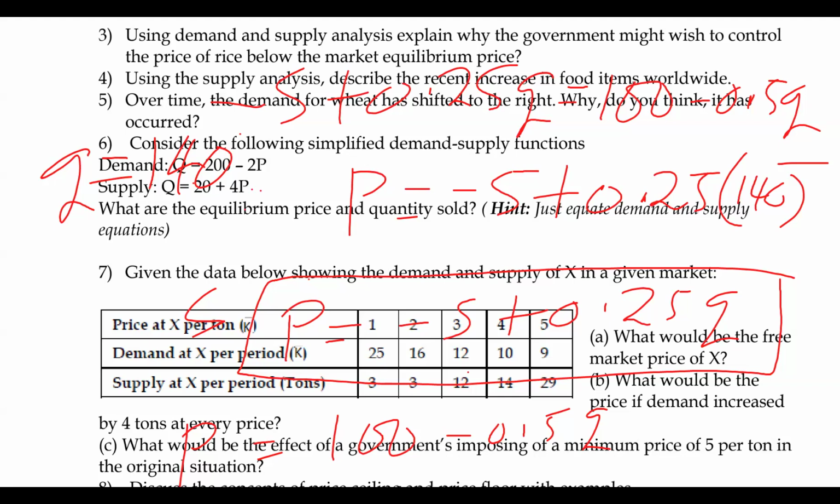So it's -5 plus 0.25 times 140. That's 35? Yes. Just a minute, sir.